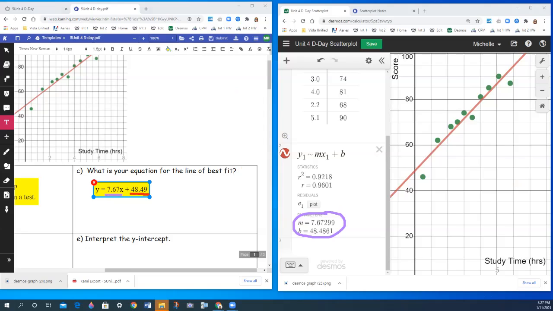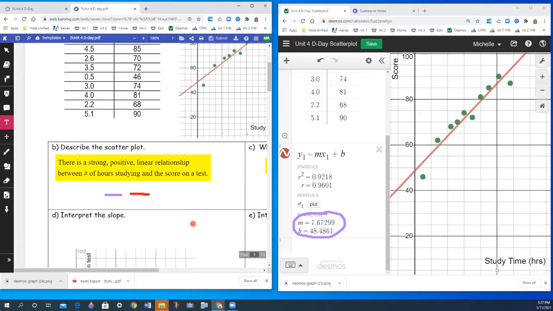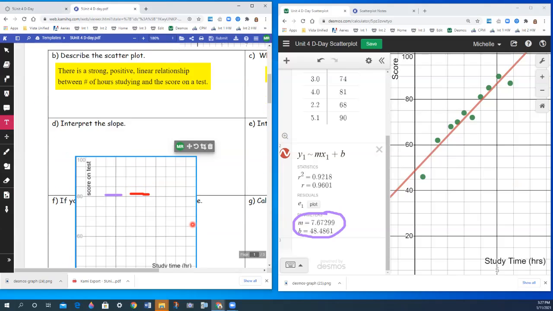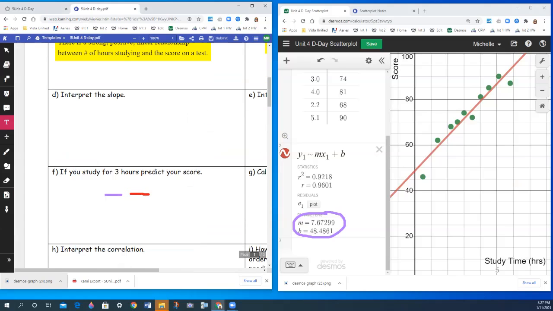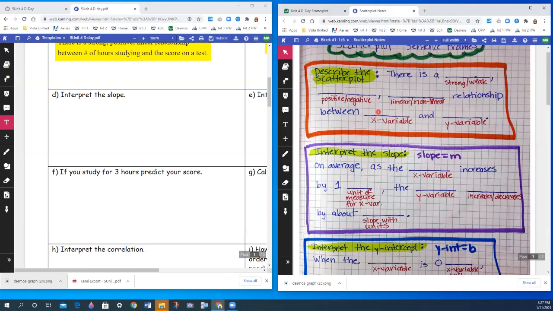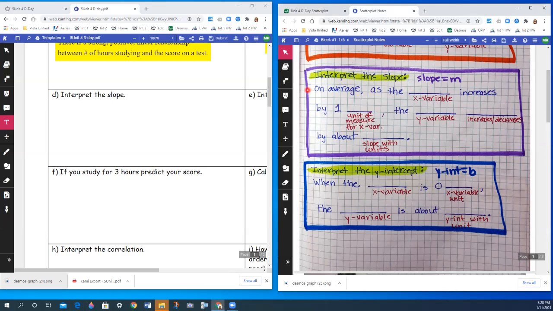So the next thing I'm going to do is interpret the slope, again, using my sentence frames. So the sentence frame I'm going to look at is right here. Let me get my table.